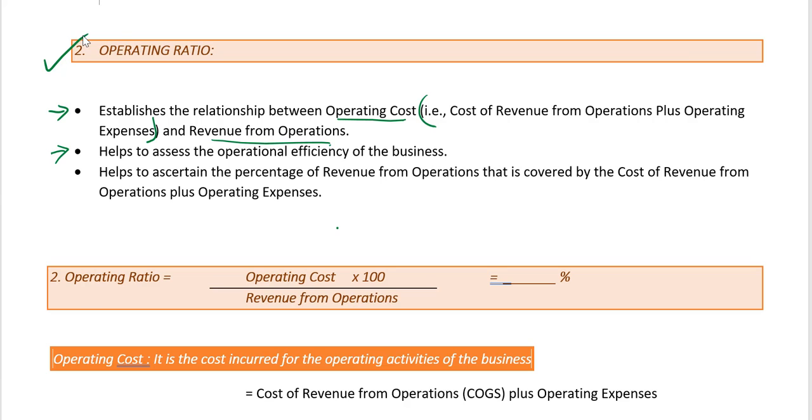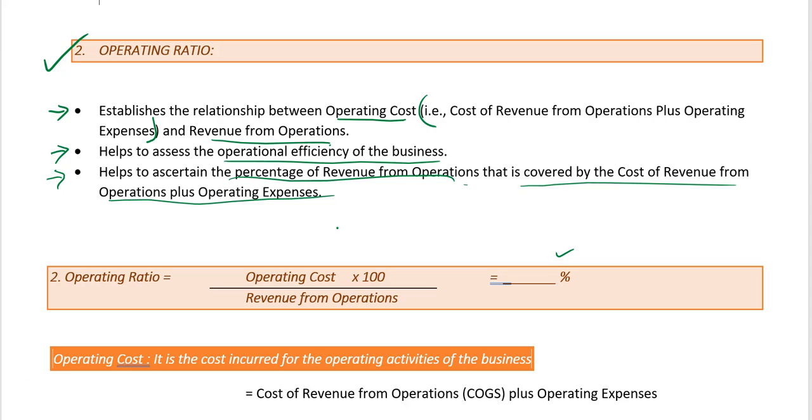It helps to assess the operational efficiency of the business, helps to ascertain the percentage of revenue from operations that will be covered by the cost of revenue from operations plus the operating expenses. To get this ratio, it's operating cost multiplied by 100 divided by revenue from operations. The answer will be in percentage.